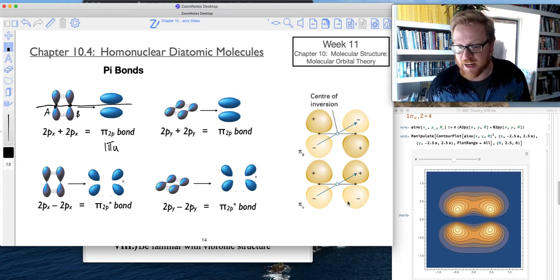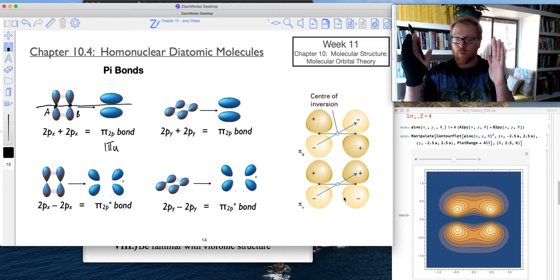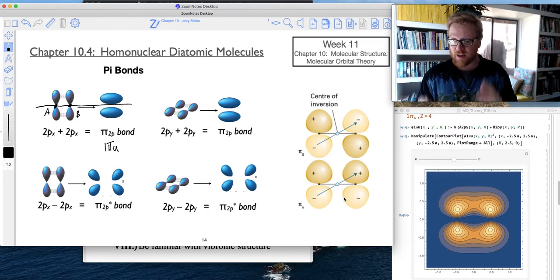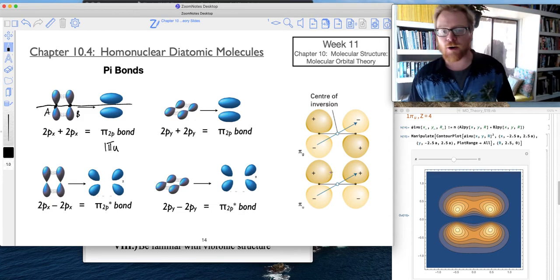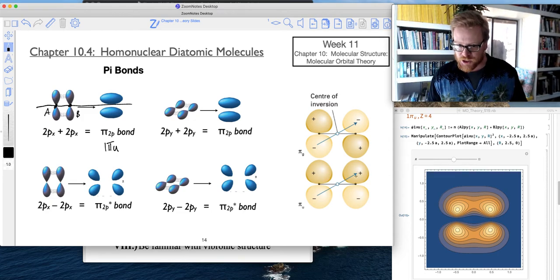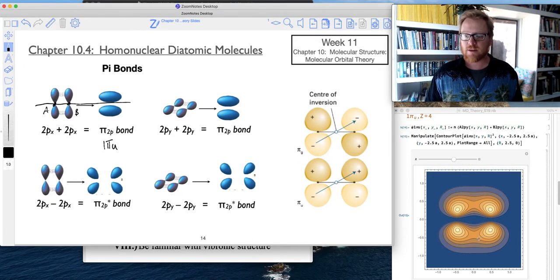So let's take a look. Here is the linear combination I just made: 2p orbitals oriented in the same direction, with both positive lobes going. So we know that when we bring these close together, as shown here, the positive and the positive region will constructively interfere, and the negative region will also constructively interfere, which is why I get this picture right here.